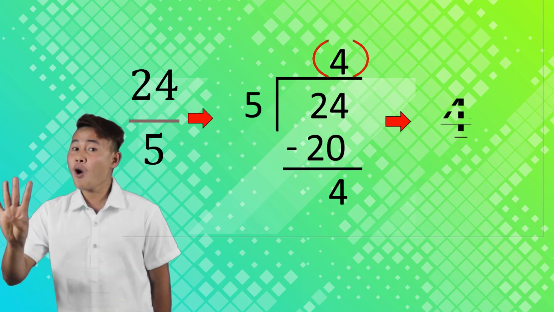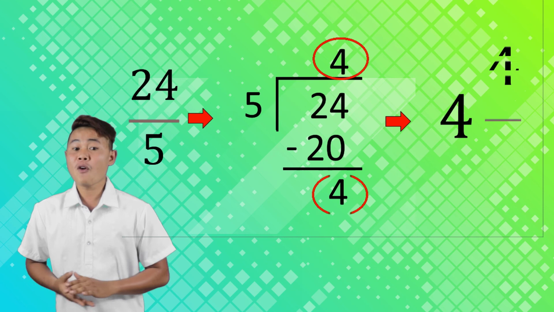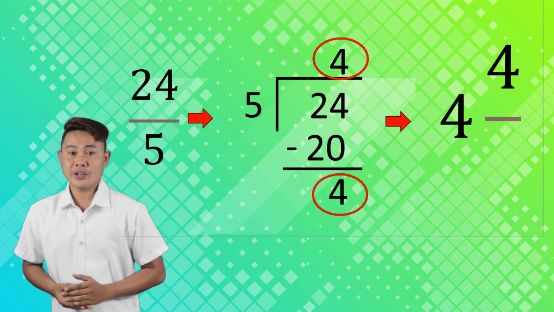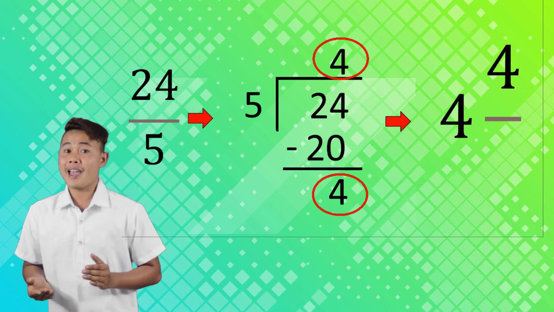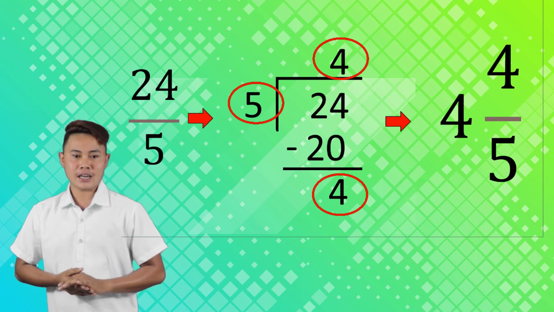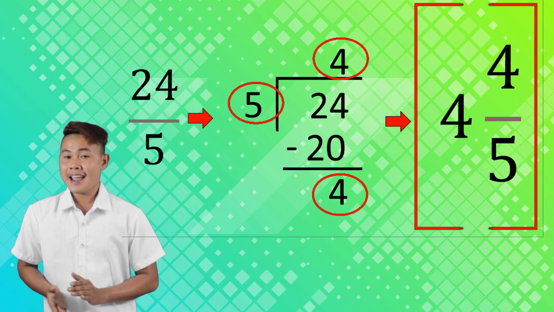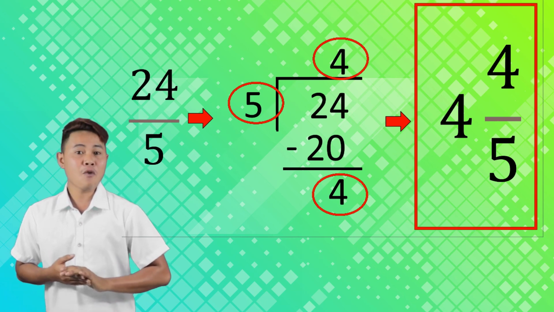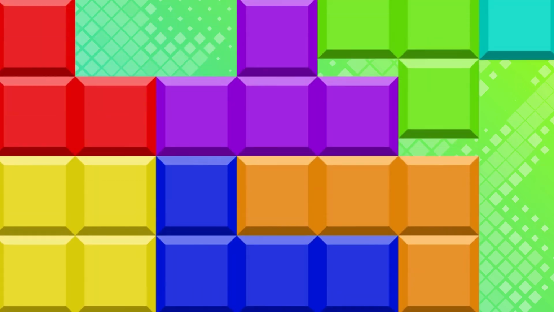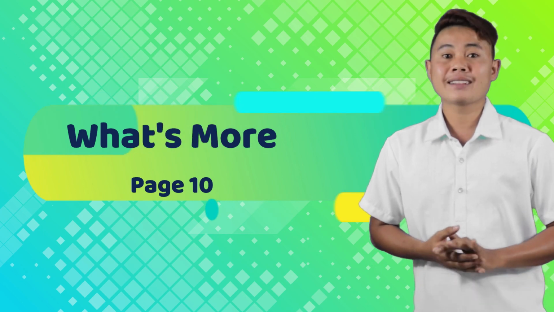So, 4 becomes our whole number. This 4 is our new numerator. Then, copy 5 as the new denominator. Therefore, our final answer is 4 and 4/5.